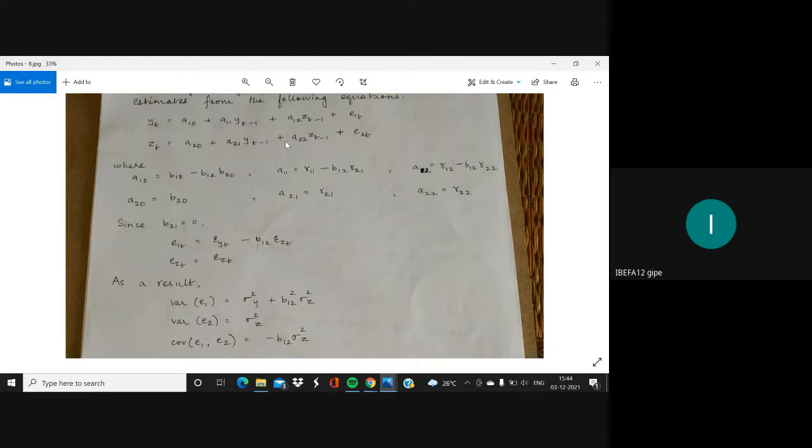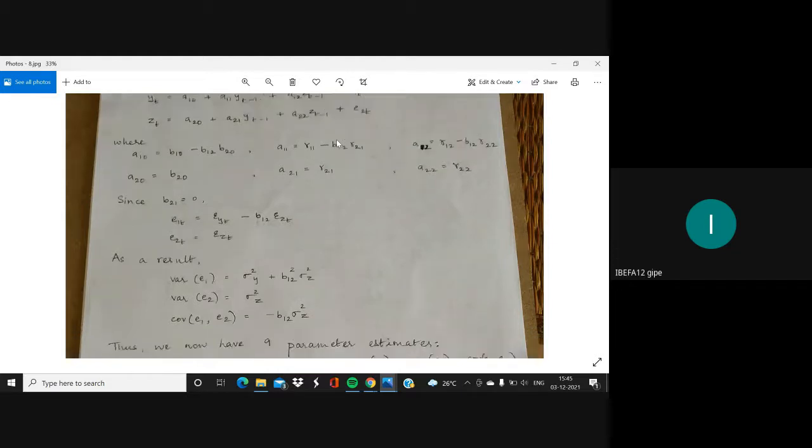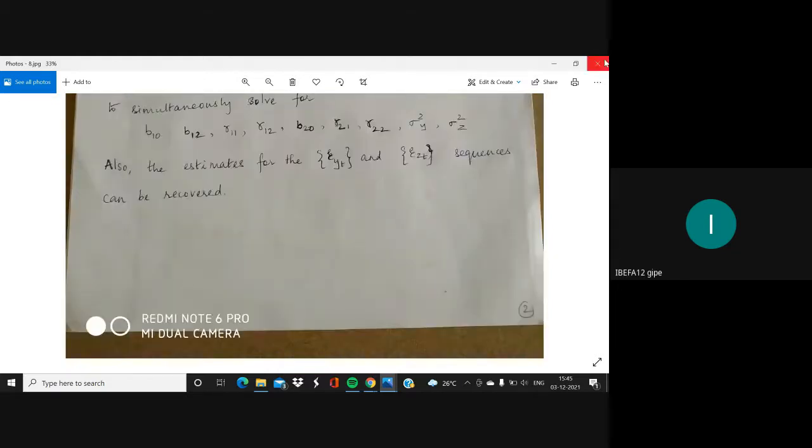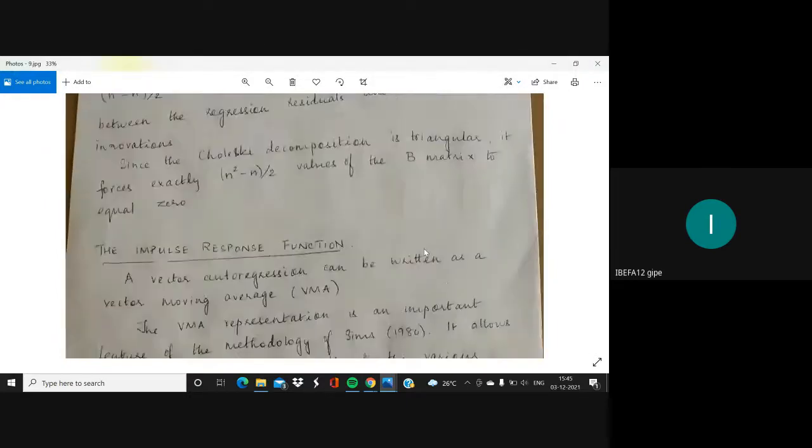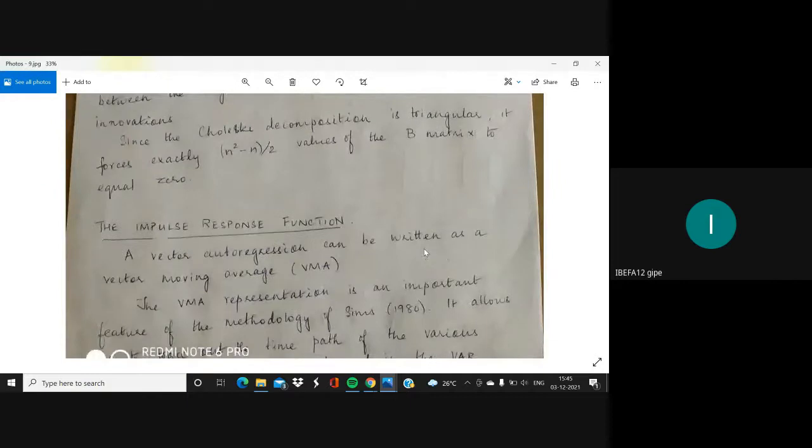It's a technique you can use if your right hand side variables are not identical. It's called SUR, or seemingly unrelated regressions, and the model is also called a near VAR in that case. It's not called the standard VAR, instead it's called a near VAR. So ideally you can go ahead and use OLS if your right hand side variables are identical.